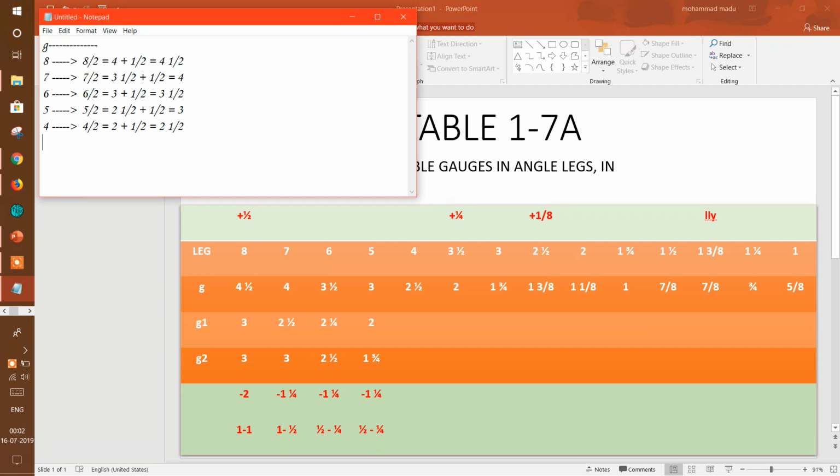And from 3 onwards, after completing 4, you can observe the 1 plus 1/2 going to decrease, like plus 1/4 in 3 by 2, coming to 3 after 4.